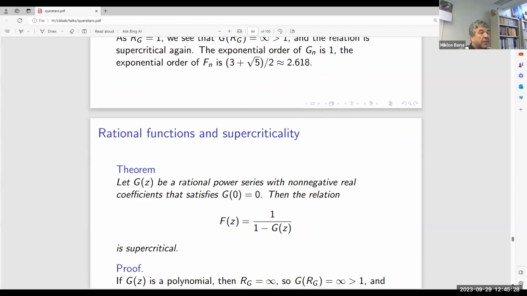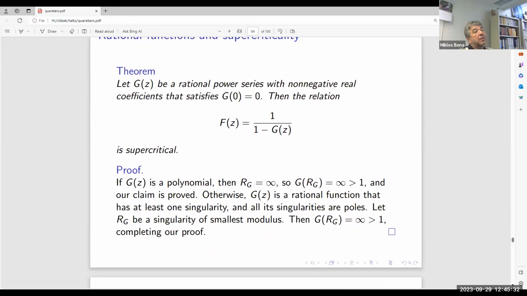And there's a theorem that if g and f are rational, then this relation is supercritical. So if you want to prove, and this is my point here, that some generating function is not rational, then you can prove it by showing that this relation is not supercritical. And there you have your negative result. So you can prove that your problem is difficult in the sense that its generating function is not rational.